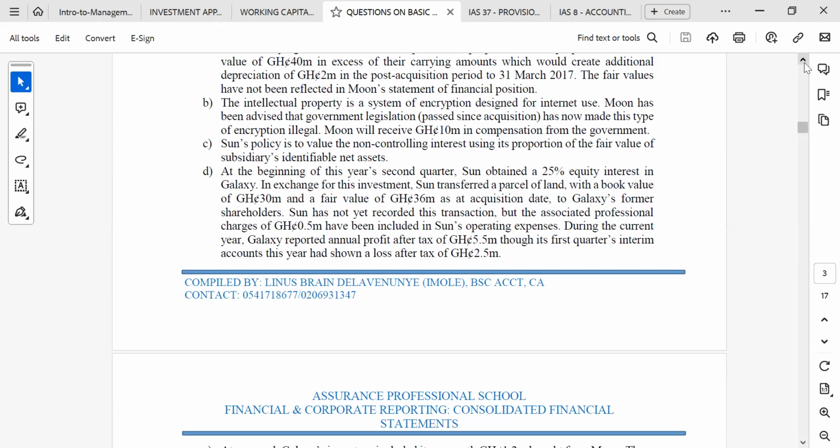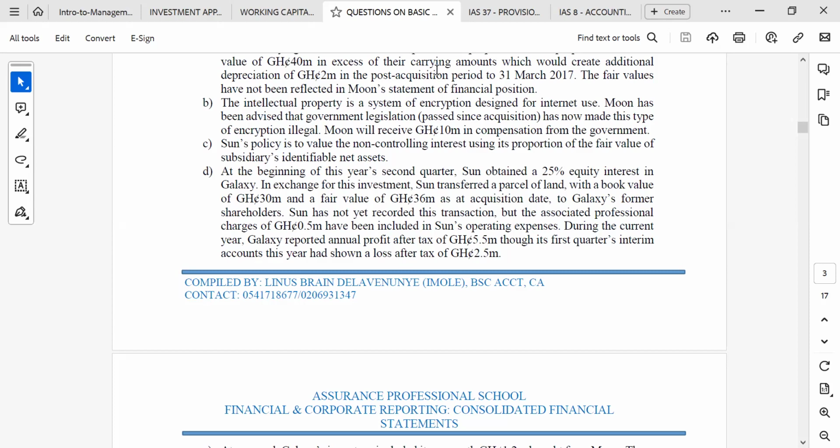Sun has not yet recorded this transaction, but the associated professional charges of 0.5 million have been included in Sun's operating expenses. All right. So they are telling you that this particular consideration has not been recorded. So what do we do? How do we record this?